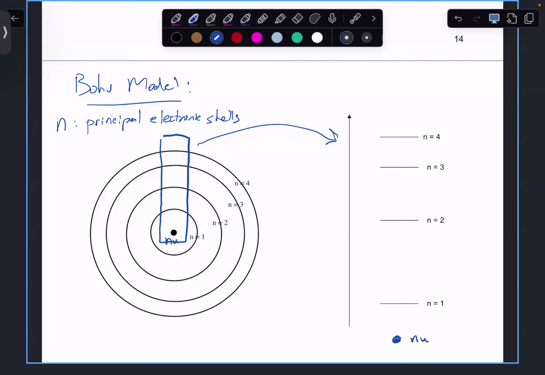Remember, you have the positive charge of the nucleus that serves to attract the negative charge of the electron. So the farther you get from the nucleus, the less of that attractive force is felt. So these electrons out here are less tightly held than the electrons down here. That's going to play a big role in reactivity.